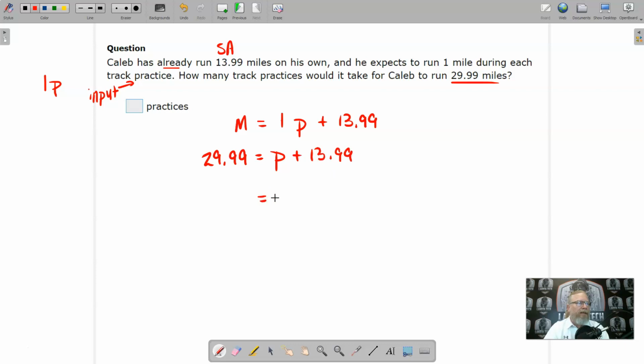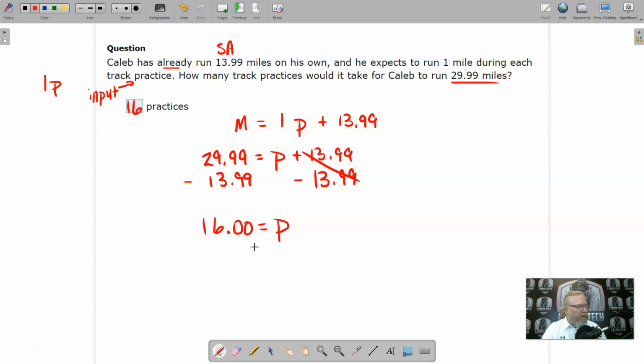Now, next thing we need to do is to go ahead and subtract 13.99 from each side. What we do to one side, we're going to do to the other. It's going to work out real nicely. The 13.99s are going to cancel each other, leaving us just P on the right. And then we're going to have 9 minus 9 is 0. And 9 minus 3 is 6. And 2 minus 1 is 1. So it is indeed 16 practices.